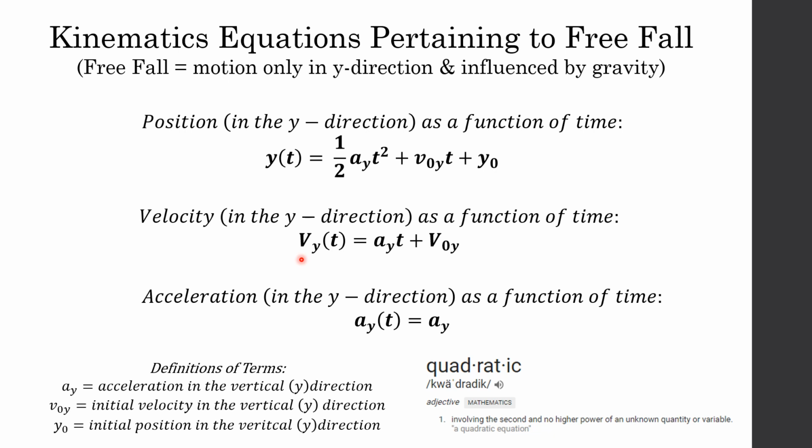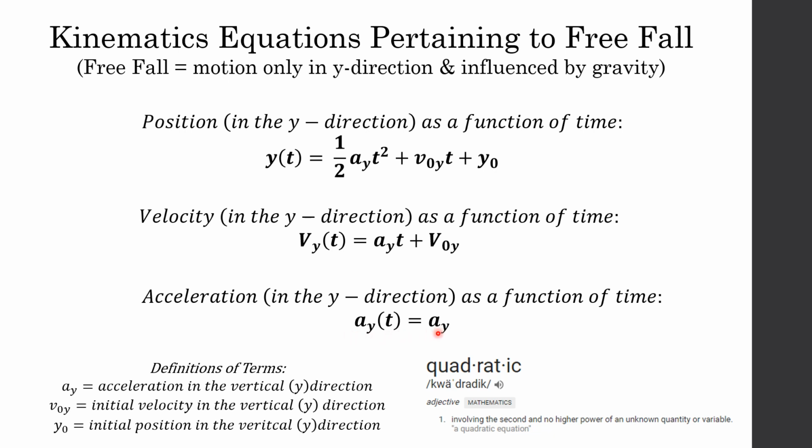Then we have our velocity equation, so velocity as a function of time. This tells us what the velocity is at any given time, and it is equal to a_y times t plus v_0y, where a_y is still our acceleration in the vertical and v_0y is still our initial velocity in the vertical. Last but not least, we have our acceleration, a_y of t, which is equal to a_y.